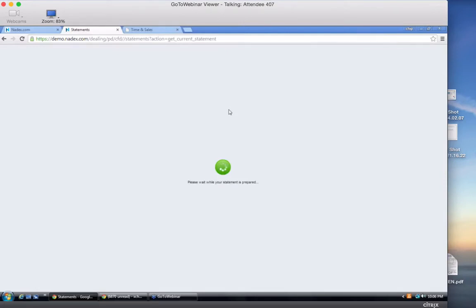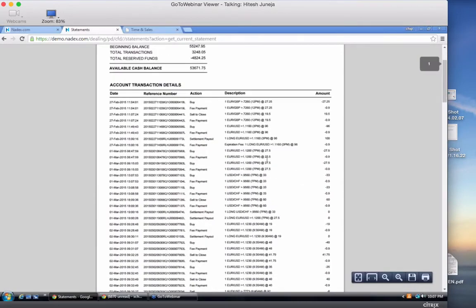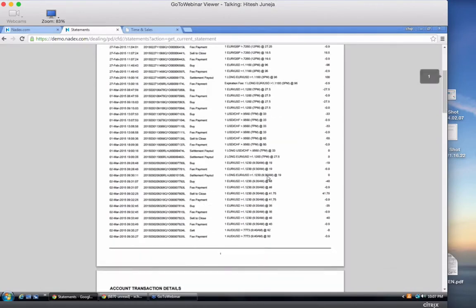If this opens for me, it might not be doing it because I'm in the GoToMeeting thing. Usually you see that in the order history as well. I'm not sure why it didn't pop up this time.